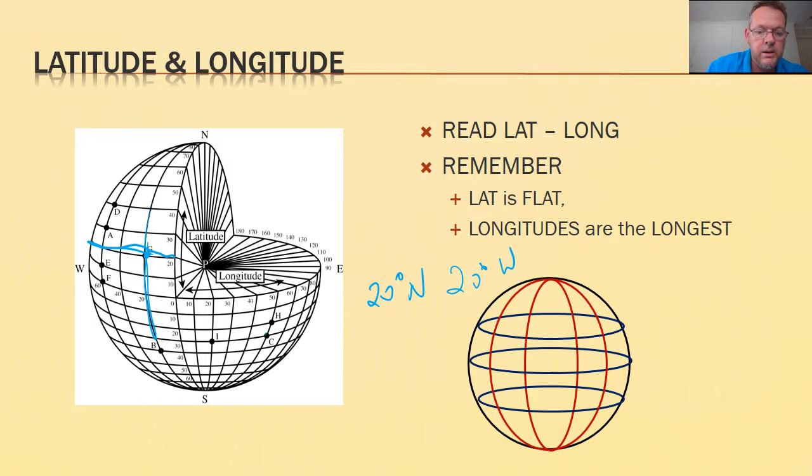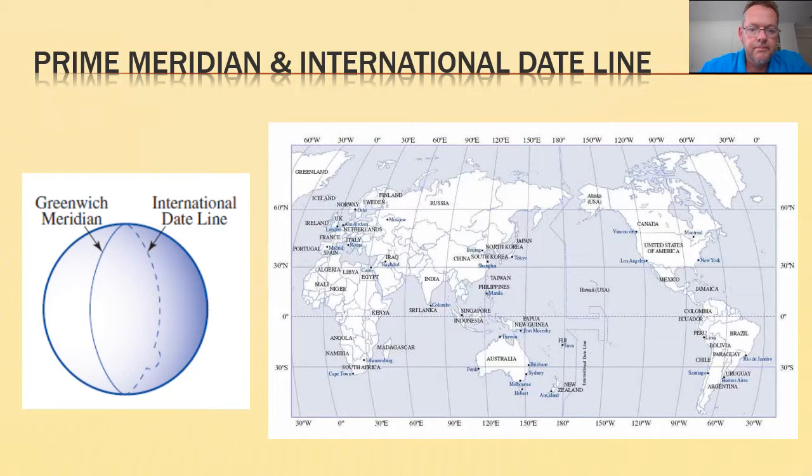If I were to pick another one at random, C, here we go. I'm looking below the equator. Let's just draw that so it's easy to see. 10, 20, 30, 30 degrees south, and then I'm reading east-west. So it's going to be 10, 20, 30, 40, 50 degrees, and that's east. So that's reading latitude and longitude.